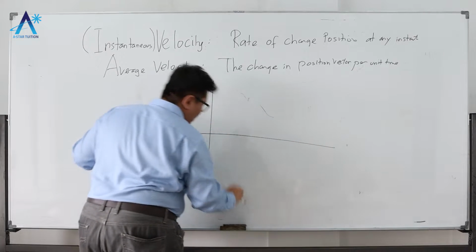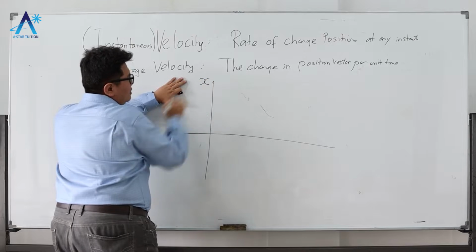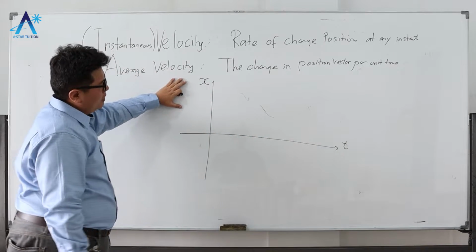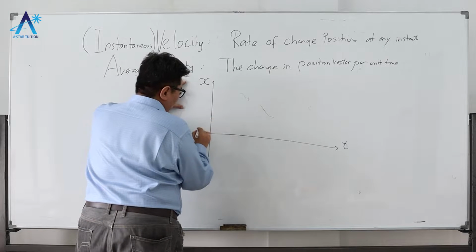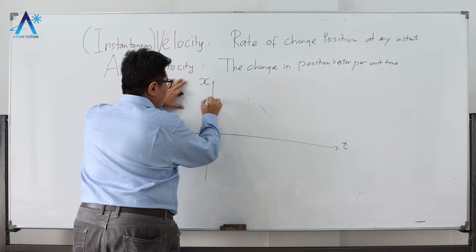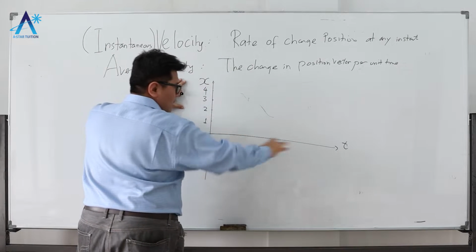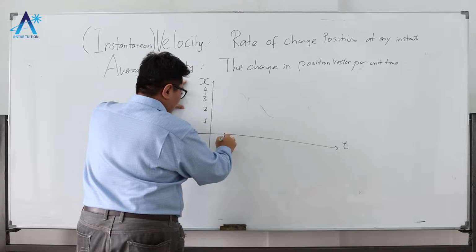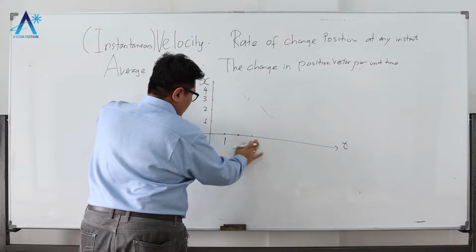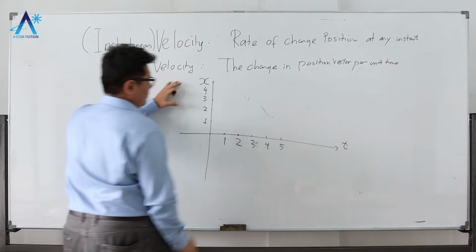Now, in general, let's say that a person is moving. Let's say this is the graph of position as a function of time. Let's say that this is 1 meter, 2 meter, 3, and 4. And this is the time axis, the horizontal. So 1, 2, 3, 4, and 5.